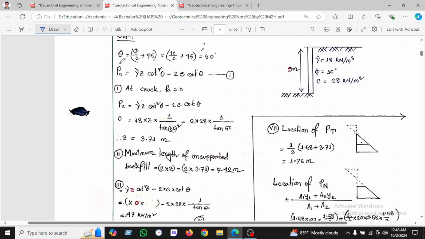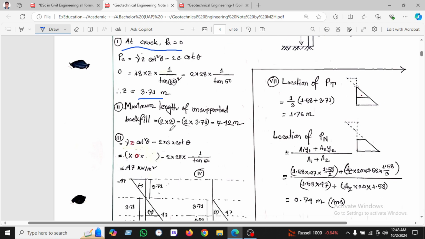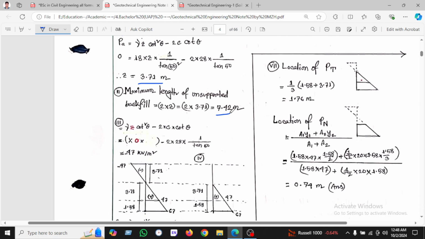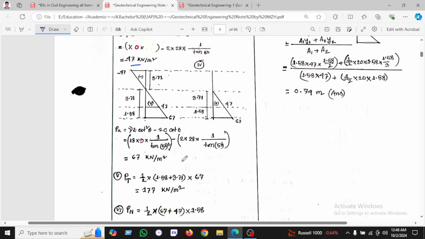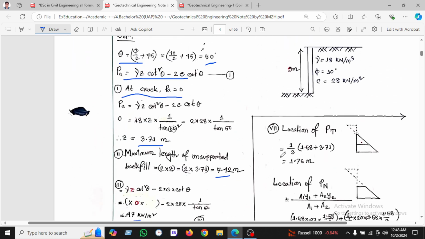We can see that theta equal to 45 plus phi/2, or we can use 1 minus sin phi by 1 plus sin phi, then we will use 50, and PA equal to z plus cos theta by 2, and at the crack when z equal to, PA pressure is 0, then we find z equal to 0.31, and maximum length of the unsupported backfill will be 7.72. All the diagram is given here in location.